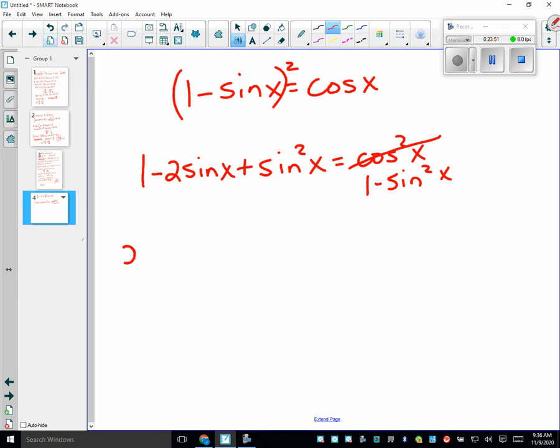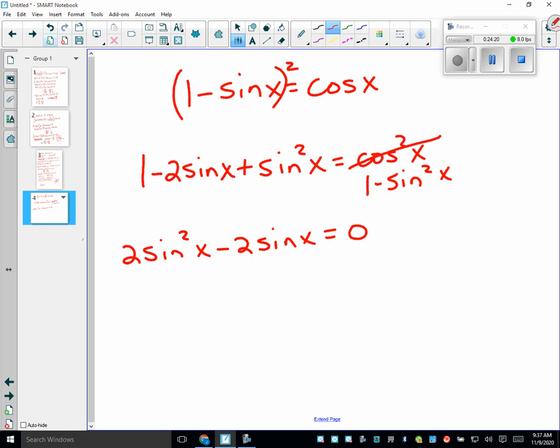So I have 2 sine squared x minus 2 sine of x equals 0. Agreed?